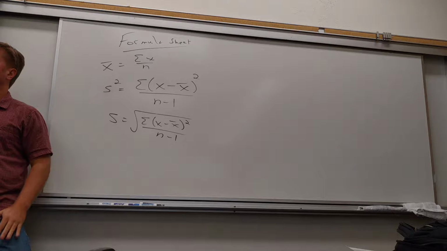I had a question about the median. When your data is not in order, it's just kind of high, low, high, low, high, low, should you be putting it in order and then finding the ones in the middle?